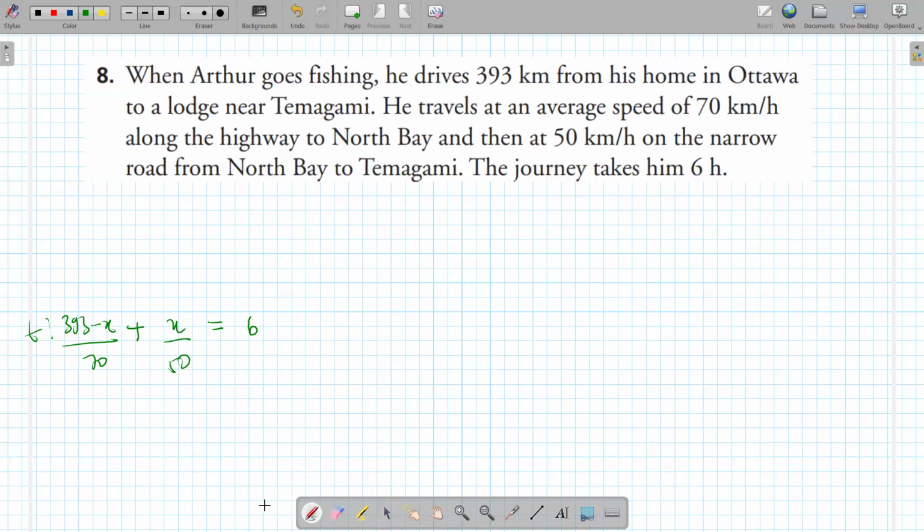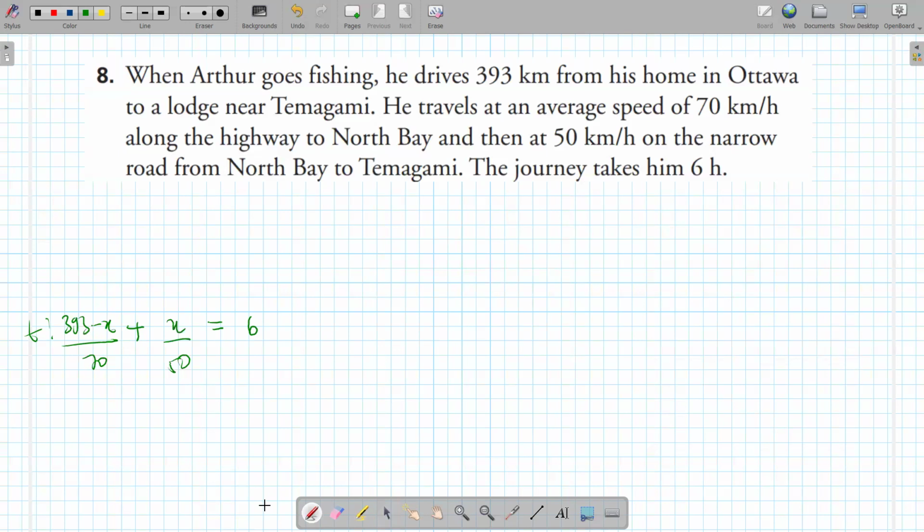You have a fraction. How do you deal with fractions? You find the common denominator. So 70 and 50, what's the common denominator? It's the same as 7 and 5, and then you add a 0. 3,500.